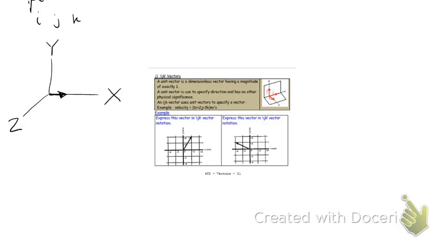A unit vector along the x-axis, every time I have one, I'm going to call it i. Why i? Because it's nothing like x. I don't want to get these confused. So i, and I put a little hat on it so I know it's a unit vector.